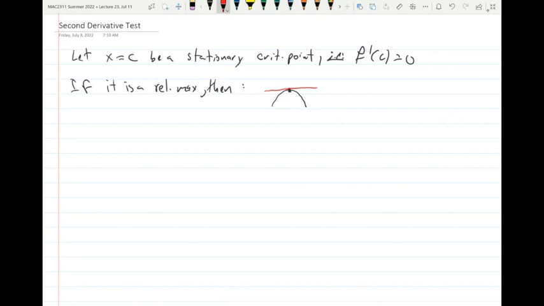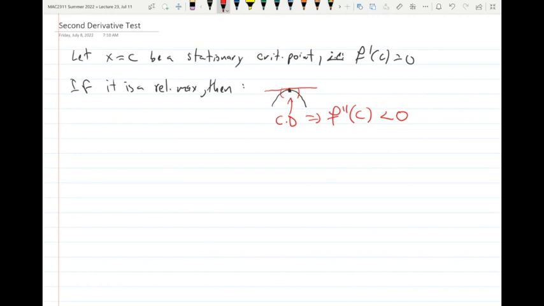Over here, if you look at a little interval, what concavity do we have? Concave down. So what can we say about the second derivative on that little interval? It's going to be positive or negative? Negative. So if I were to plug these numbers into a second derivative, I'm expecting to get a negative number.